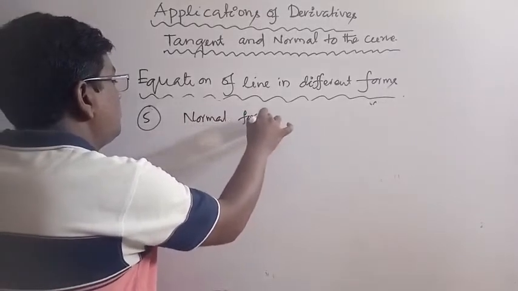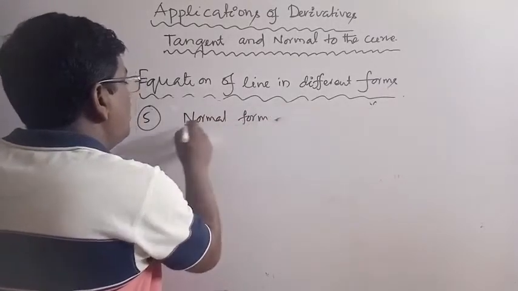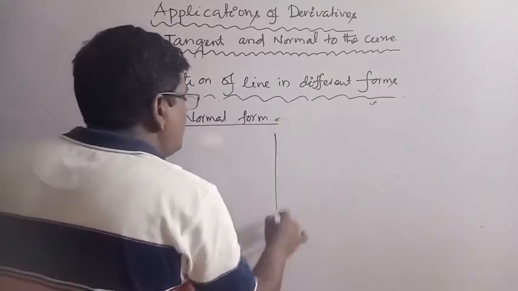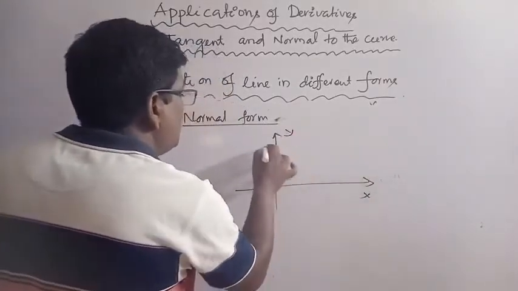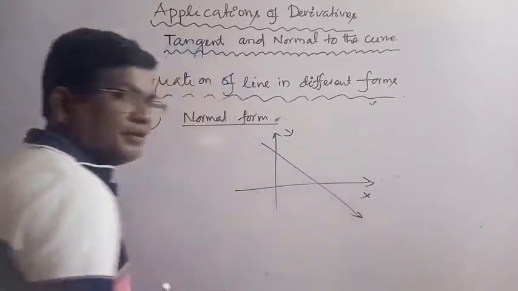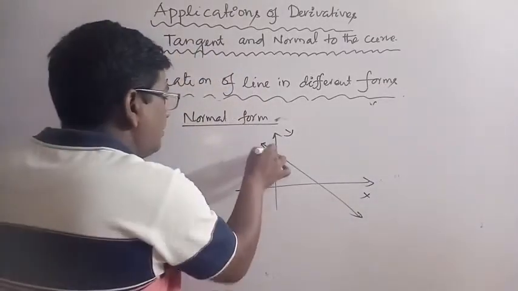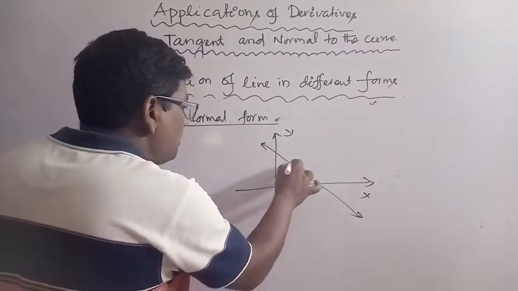Normal form. What is normal form here? Suppose this is x-axis, this is y-axis, and this is the line, and this is the normal or perpendicular.